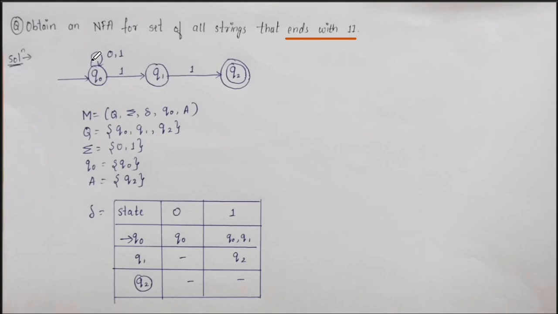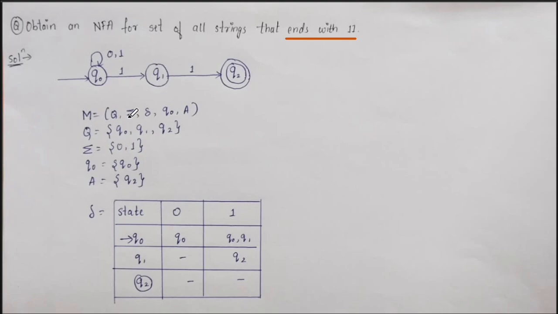So the starting state could have any number of zeros or ones. So we take the self loop of any number of zeros and ones for the initial state Q0, and as per the question ends with 1, 1, we take the 2 states, that is Q0 to Q1 on 1 and Q1 to Q2 on 1.